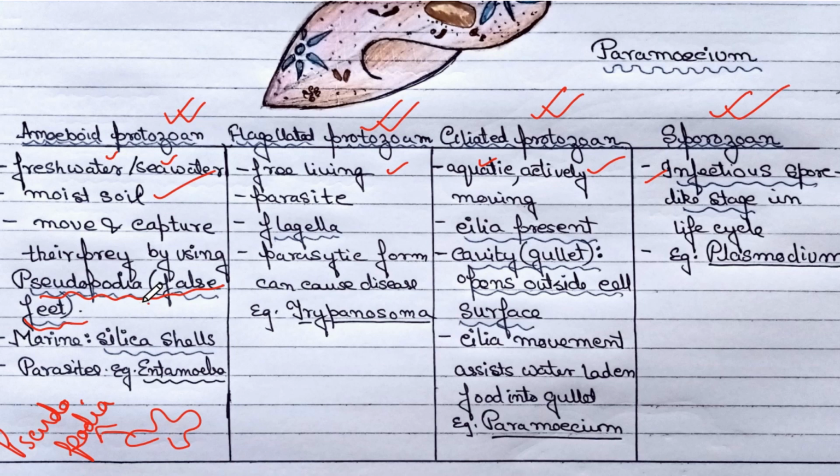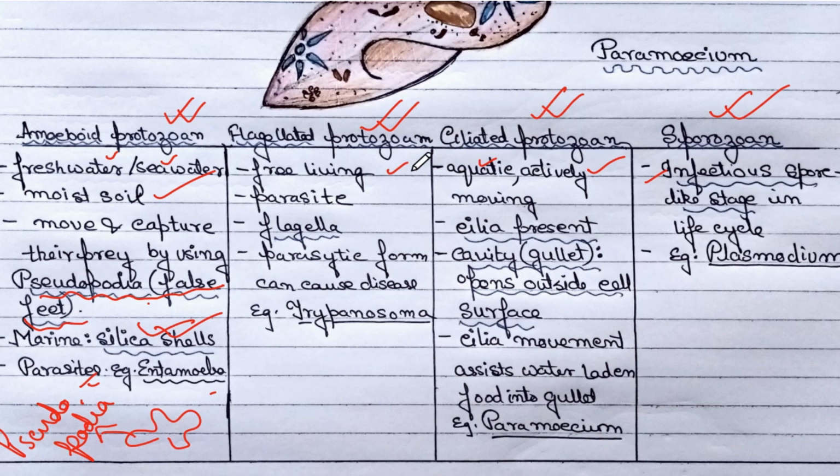They possess pseudopodia. Okay. In the marine amoeboid protozoa, silica shells are present. They can be as well parasitic, for example, Entamoeba.